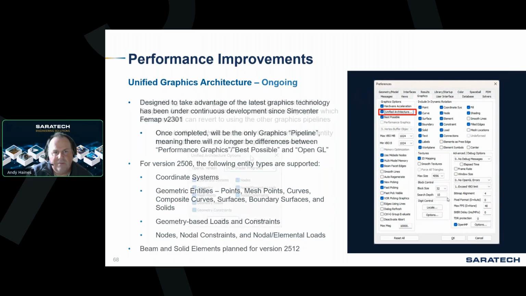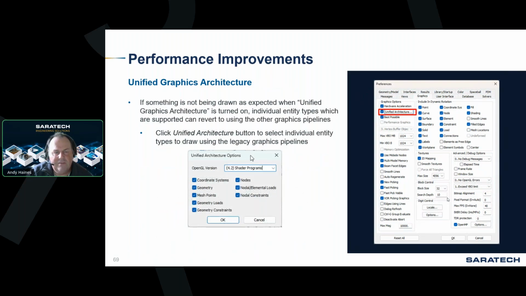If something's not working as expected, you can always click on this button in here, Unified Architecture, and turn off a particular entity type that you want to revert to using either best possible, performance graphics, or OpenGL. So if something's not going right, you can turn these off one at a time. You just click this button in File Preferences.